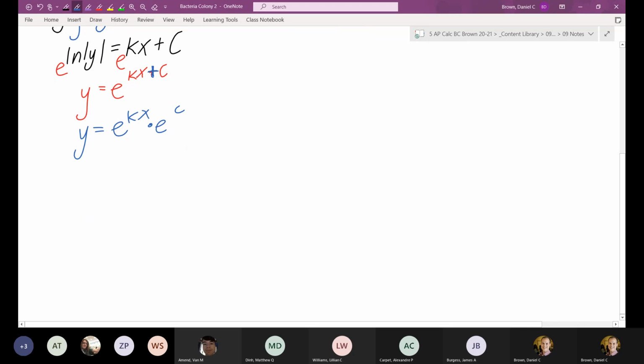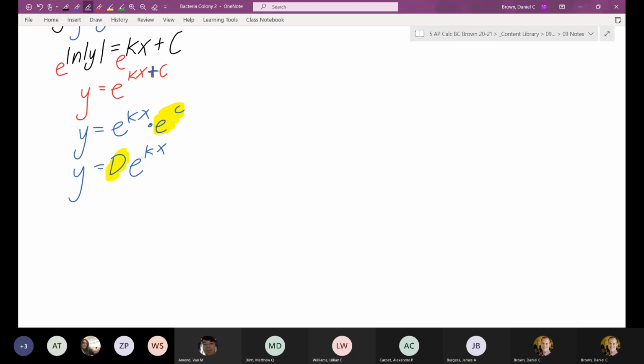Well, c is a constant. We don't know what it is yet, but it is a constant. What is e to the c going to be? Just another constant. So I'm going to rewrite it as d e to the kx. And again, e to the c is just another constant.